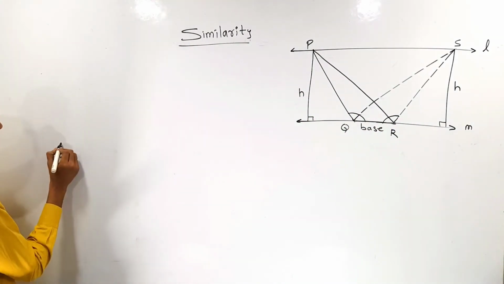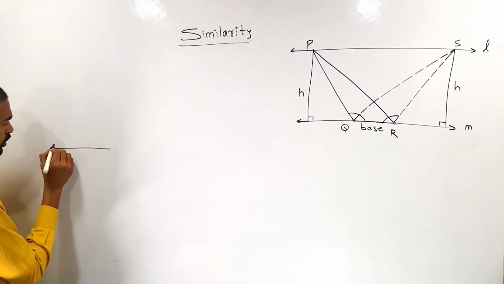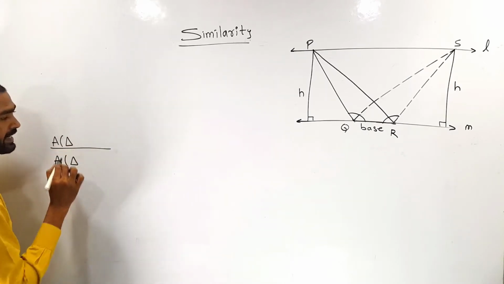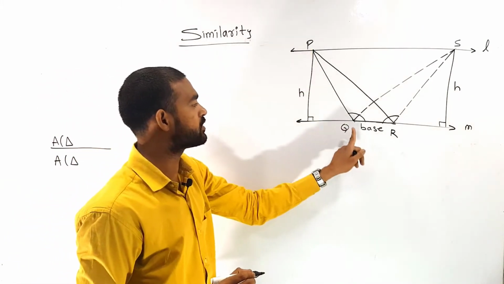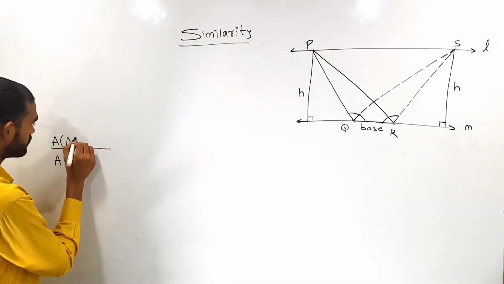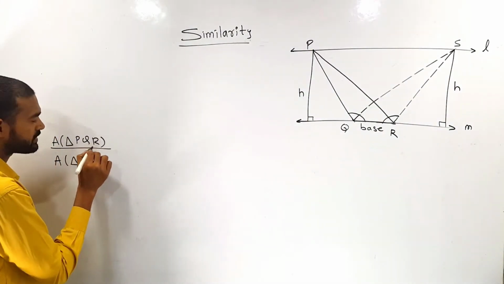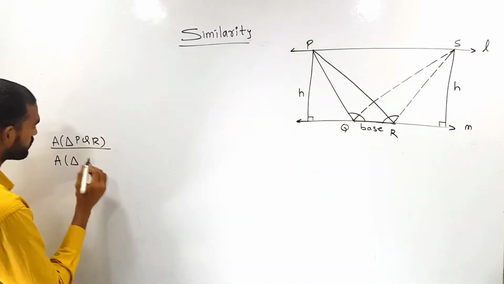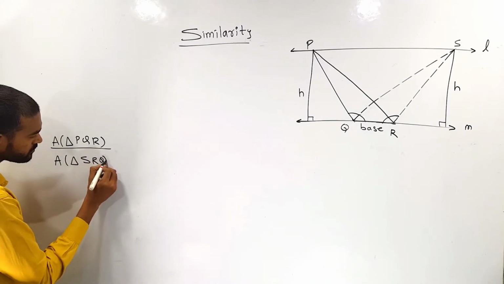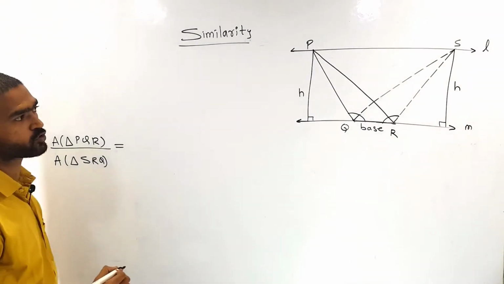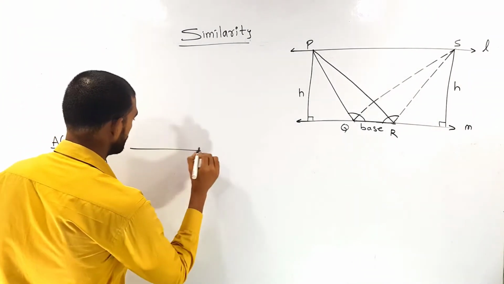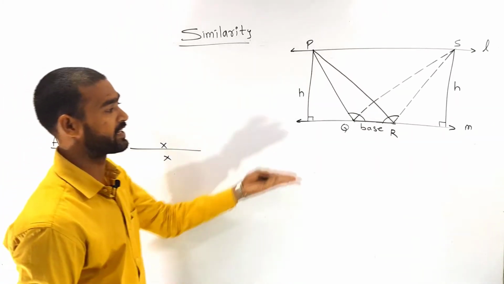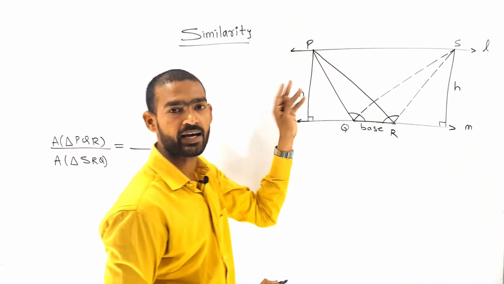So the property is: the ratio of areas of two triangles, the first PQR, second triangle SRQ, is equal to the ratio of products of their corresponding base and height.